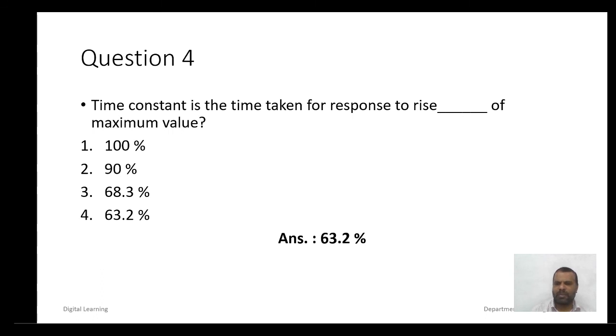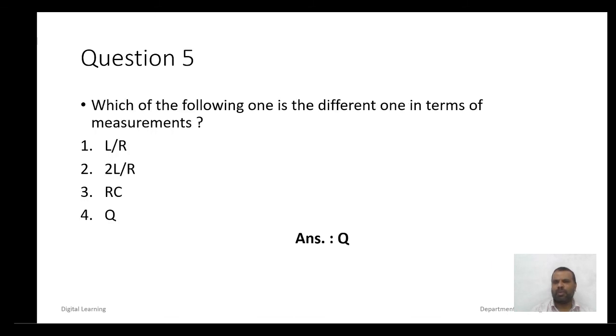The options are 100%, 90%, 68.3%, 63.2%. The correct answer is 63.2%. Question number 5. Which of the following is the different one in terms of measurements? L/R, 2L/R, RC, Q. The correct option is Q.